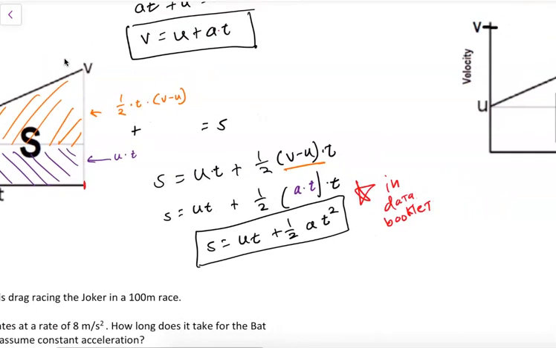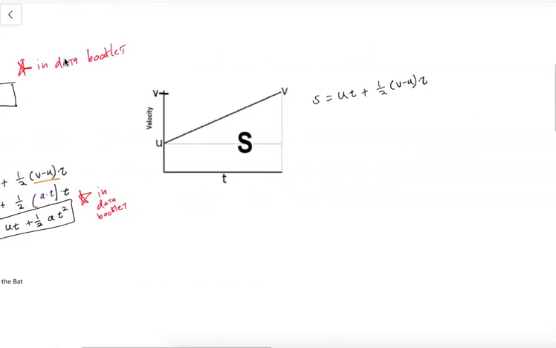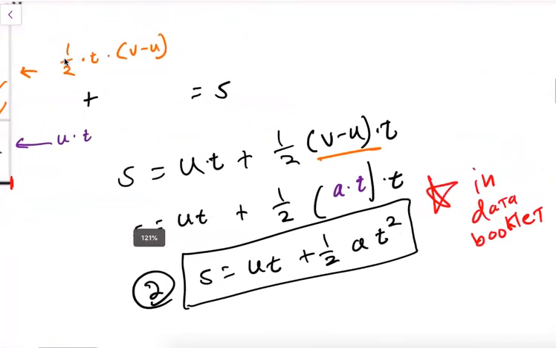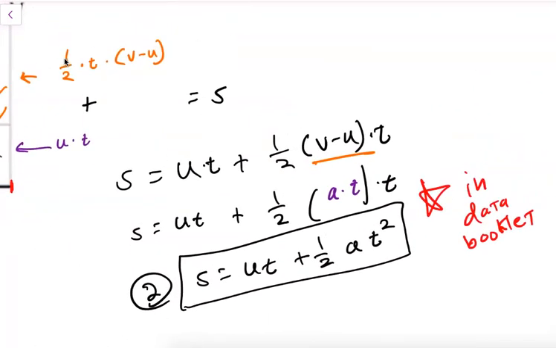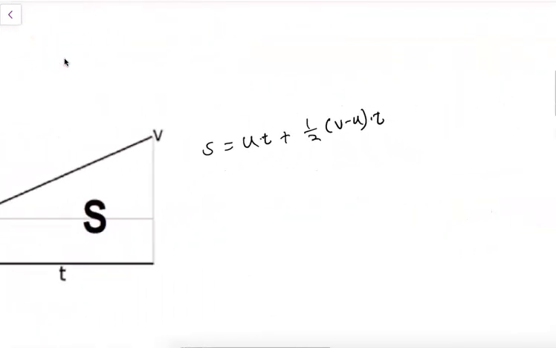Right, so right now we have equation 1, we have equation 2, and there's 2 more equations we need to get. The third one is actually something we've already kind of seen, we just need to do some algebraic manipulation. So this equation is the same one that we had right here, s equals ut plus 1/2 v minus u times t. We just need to simplify this.